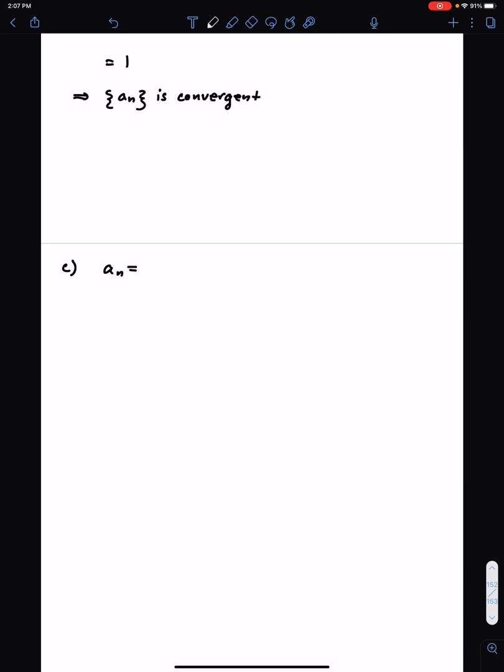A sub n equals n sine of 1 over n. If I take a limit as n approaches infinity of a sub n, this is equal to infinity times 0, which is an indeterminate form.